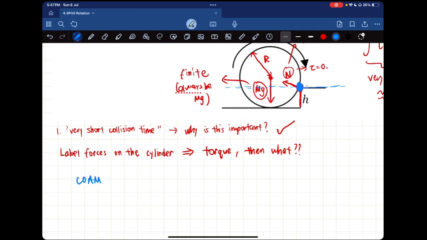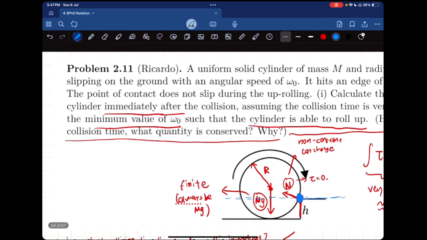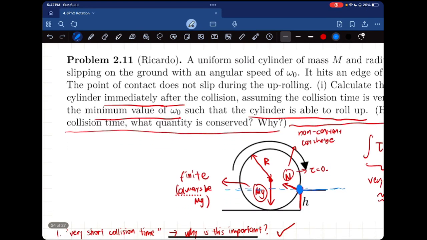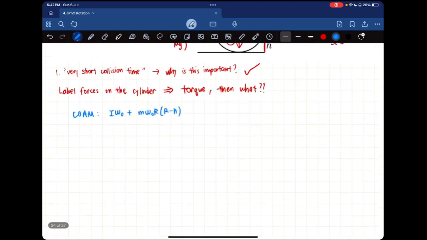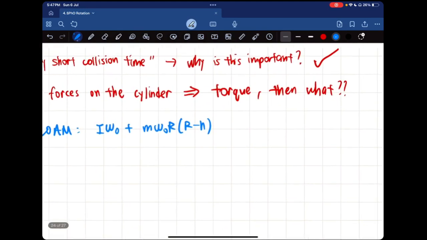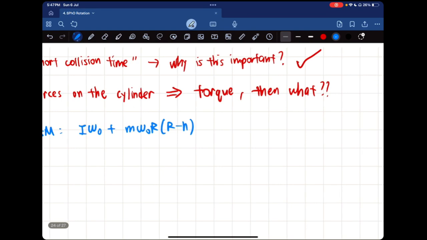So COAM. The initial angular momentum would just be this, because there's no slipping initially. This is your initial angular momentum.